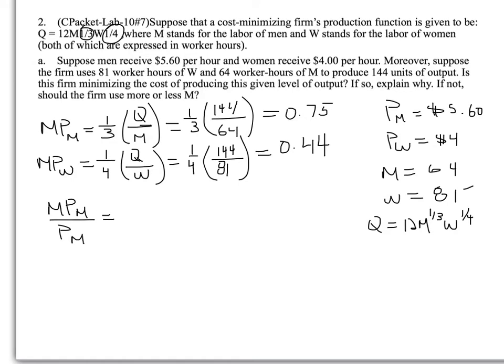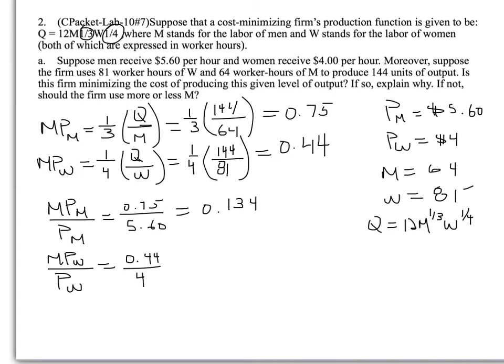That will be equal to 0.75 over 5.60, which is how much men earn, and that will give you 0.134, using 3 decimal places so you can see the difference when I now calculate the marginal productivity of women per dollar, which is equal to the marginal product of women over the price of women: the 0.44 we just calculated over the $4 that we pay women. You'll get 0.11.